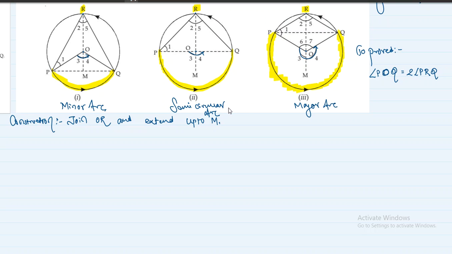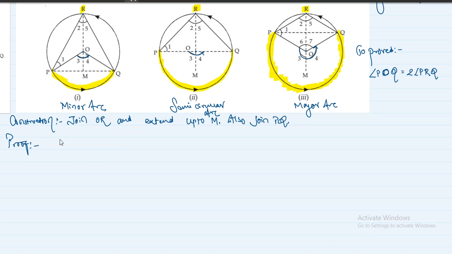You can join, okay, let's write also join PQ. It's not necessary, but still write it. So what we have done, we have joined O to R and extended it up to M. Great. That's the construction. Now the proof.